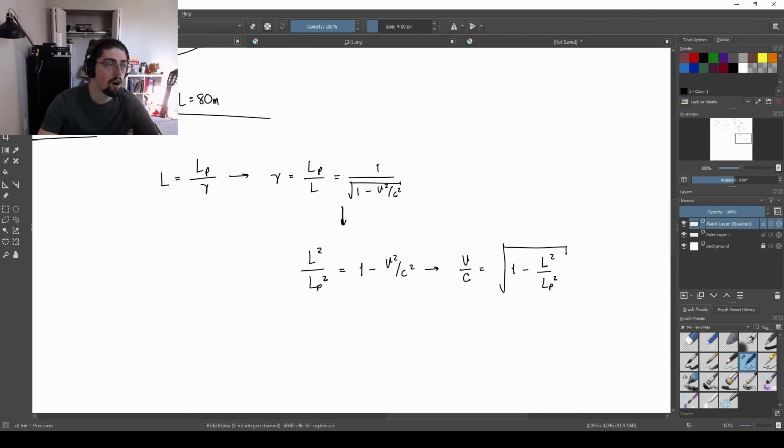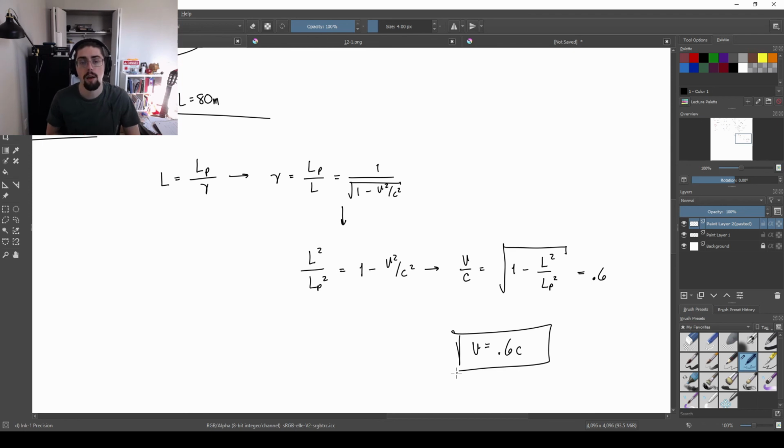And when we plug all of these values in, what we find at the end of the day is that Jill must have been moving really, really fast, because this is 0.6, that is to say the velocity is 0.6, 60% of the speed of light. So that's the kind of speed that it takes to get something to contract.